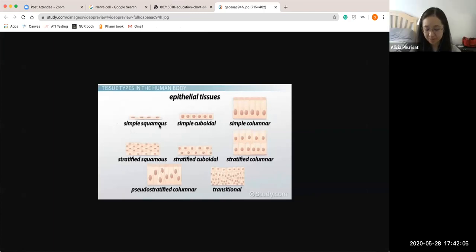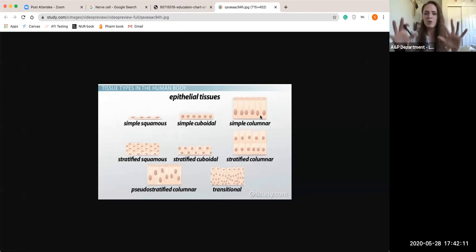Okay, so epithelial tissue, this is the same one we've been talking about that either lines a cavity or is found on top of stuff. You have multiple different kinds. Just like you have a first and a last name, these all have first names and last names. Your first name is going to determine the number of layers you have in your tissue.